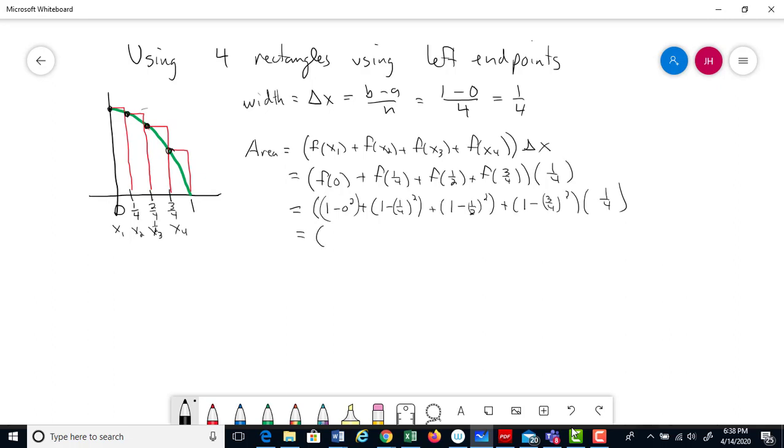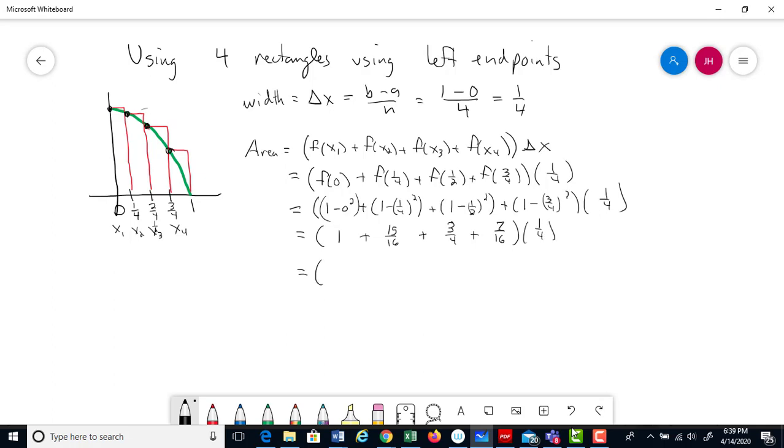So simplifying, this is 1 plus 1 minus a 16th, which is 15 over 16, plus 1 minus a quarter, which is 3 over 4, plus 1 minus 9 over 16, which is 7 over 16, all times a quarter.